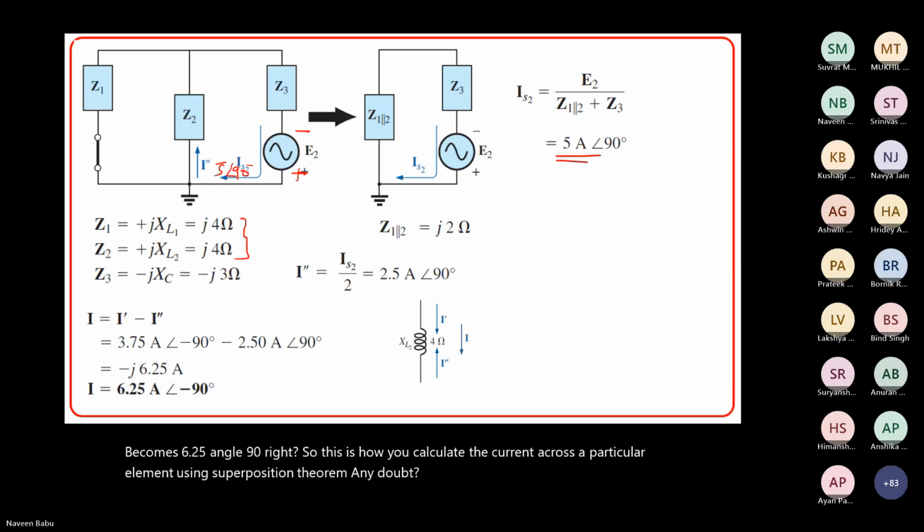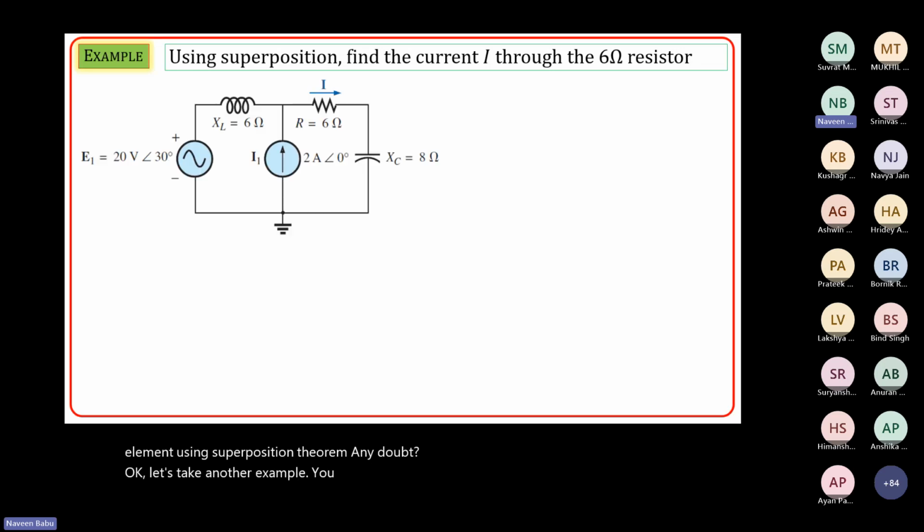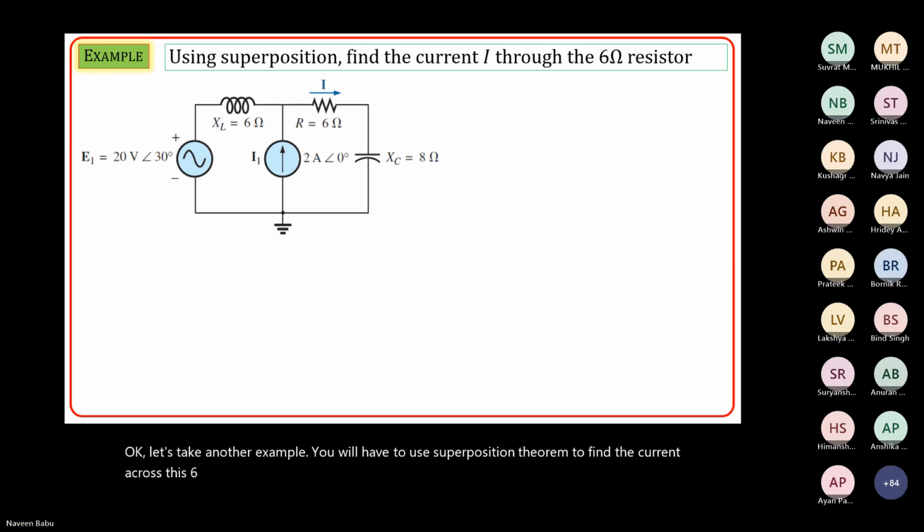Okay. Let's take another example. You will have to use superposition theorem to find the current across this 6 ohm resistor. This example has both a voltage source as well as a current source.